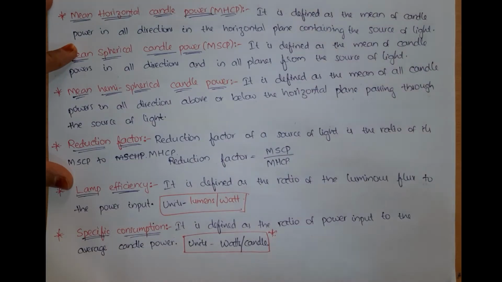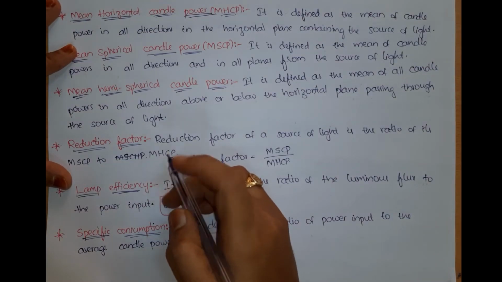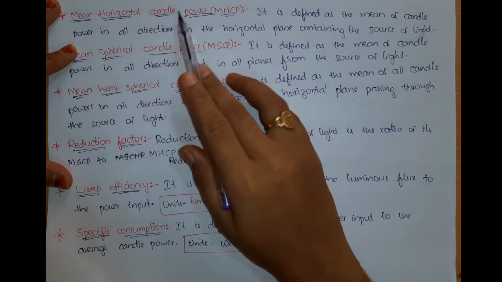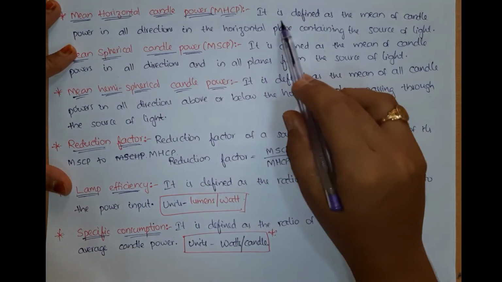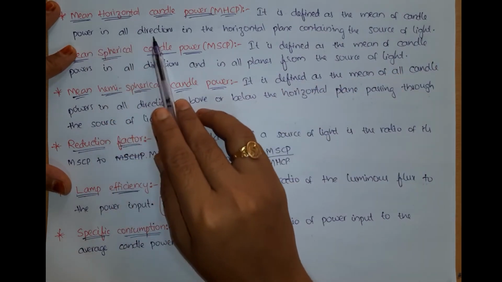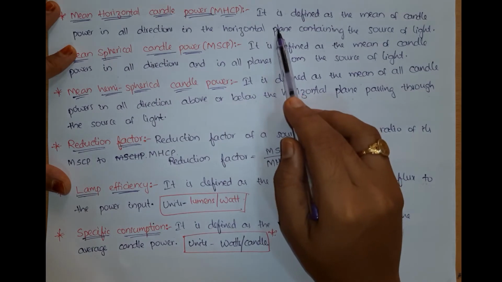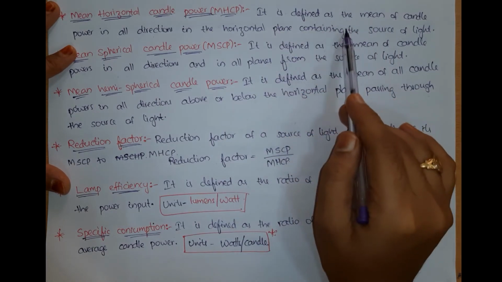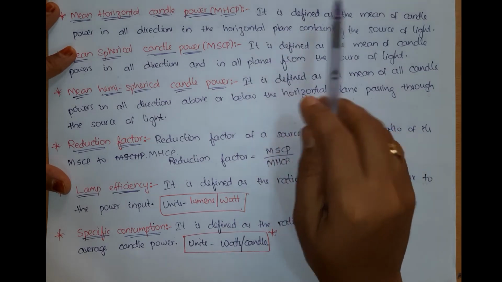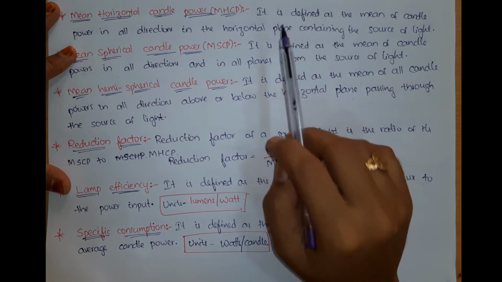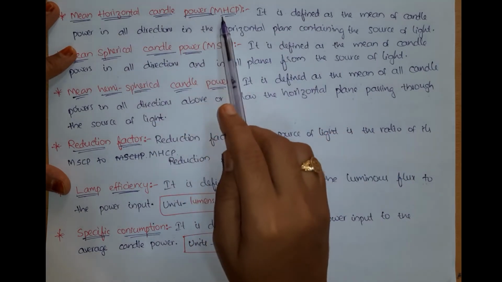Now let us see what is MHCP, that is mean horizontal candle power. It is defined as the mean of candle power in all directions in a horizontal plane containing the source of light. If we take the mean of all the candle powers in all the directions, it is called MHCP.